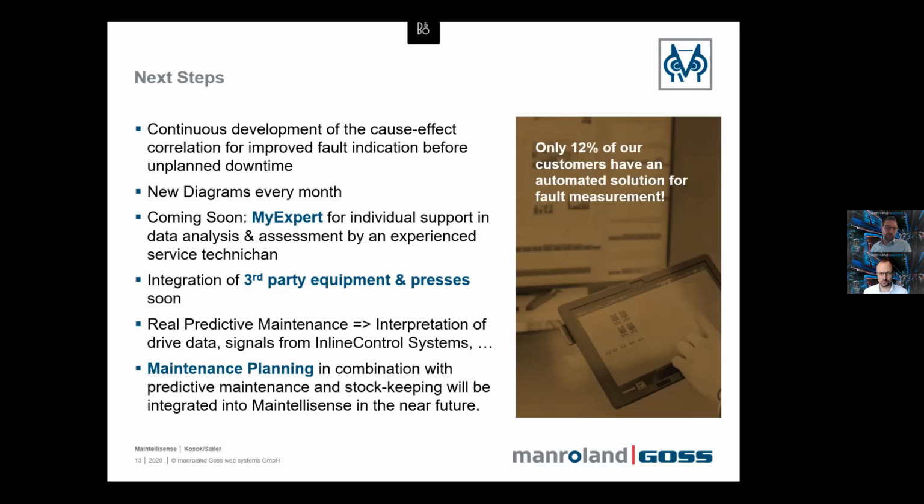One of the next steps will be to have real predictive maintenance where we interpret more data, like drive data, or even inline control data. Let's assume from a register system. A register system delivers so much data, but at the moment we only look at how we can use that to control the process.